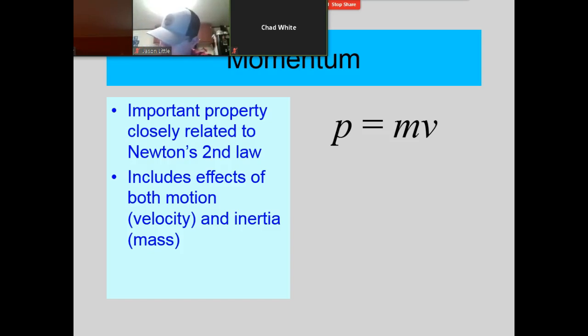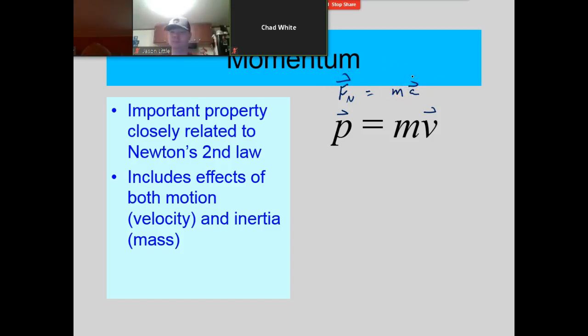Now, just a little bit of an idea here. First, velocity is usually a vector quantity, making momentum a vector quantity. Now, if you think back, Newton's second law, that was net force is equal to mass times acceleration.